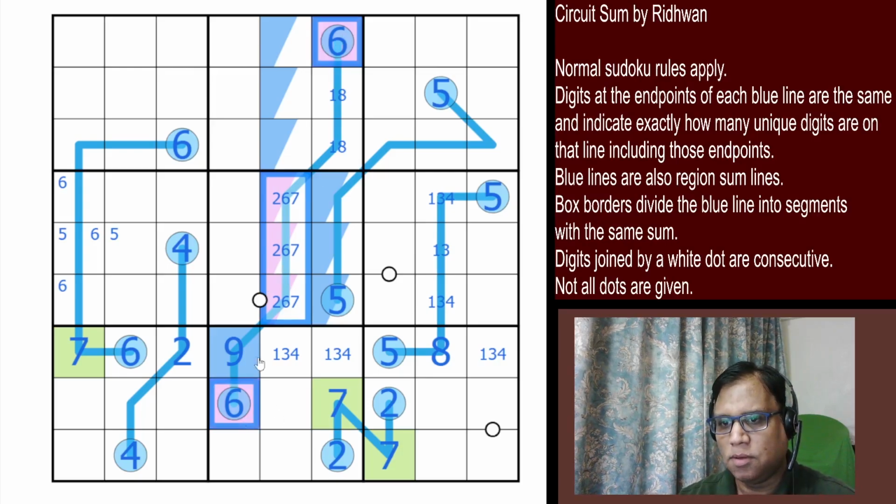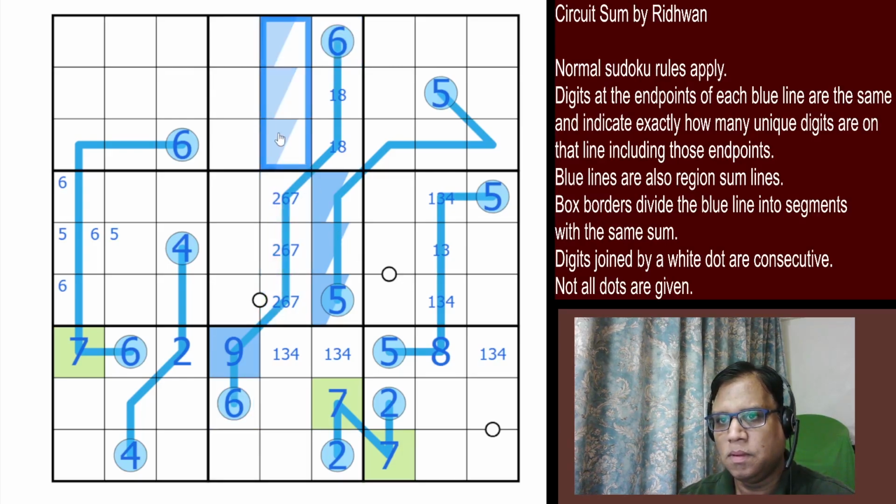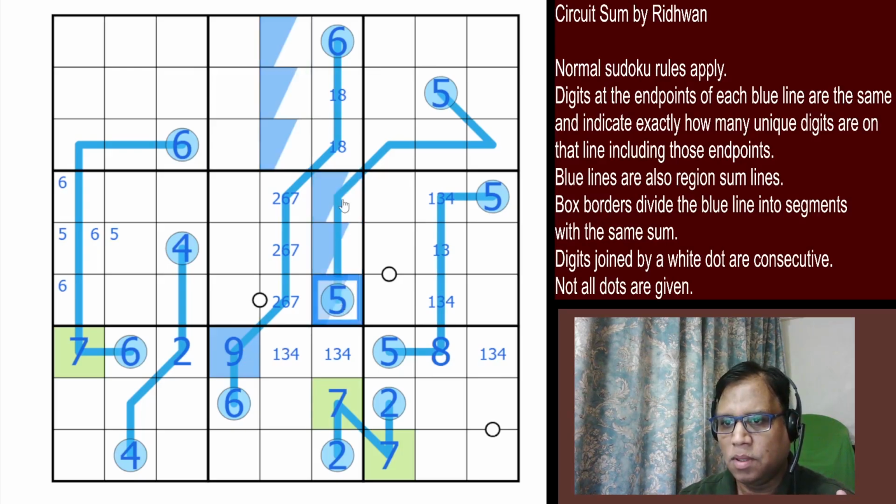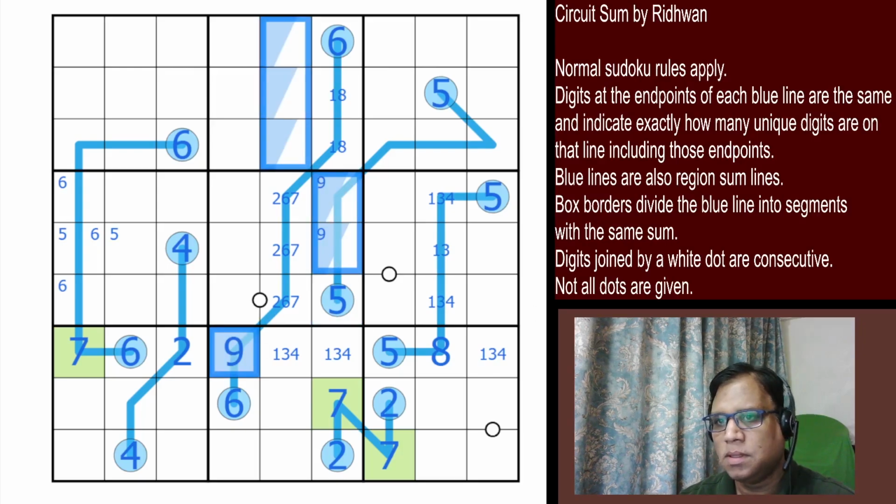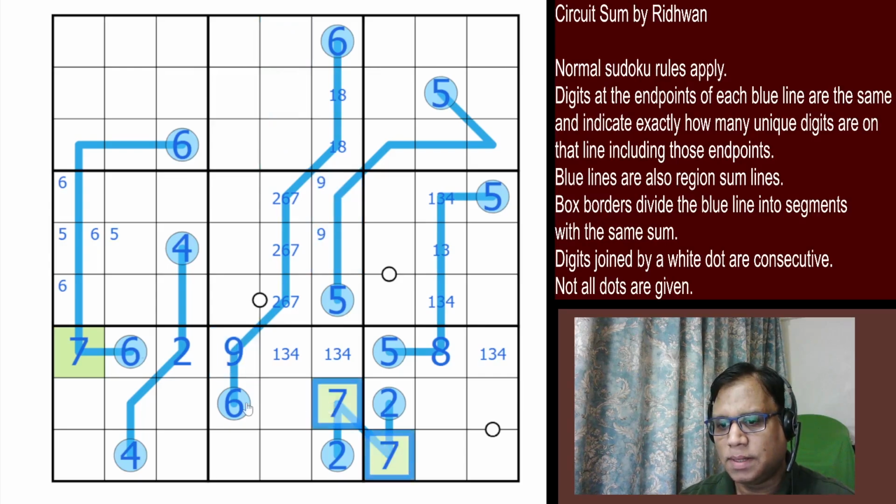We can now get rid of colors. In fact, we can get rid of 9. Wait. So 9 is somewhere here, right? And 9 is somewhere here. But important is 9 is somewhere here. That's not blue. Let's get rid of colors. Here also we can now get rid of colors, right?